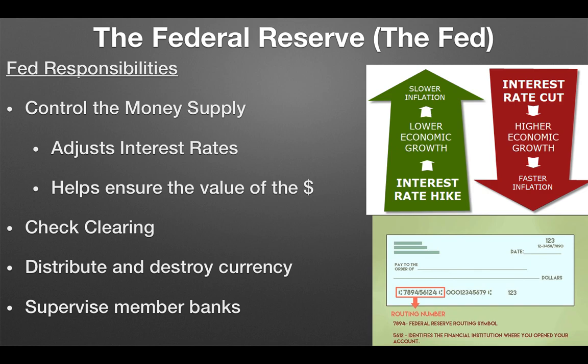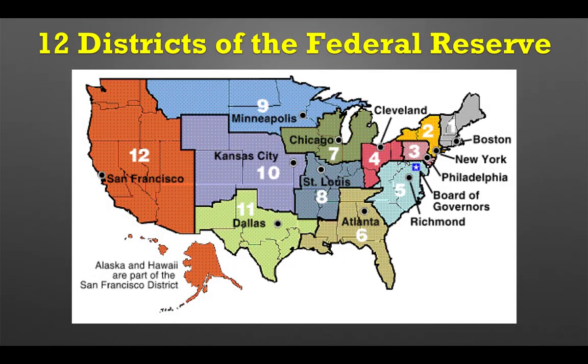And they supervise the member banks because they have different federal banks throughout the United States. As you can see right here, we have 12 districts of the Federal Reserve. The West Coast is probably the largest one territorially, with San Francisco being the head. And then one of the smallest ones might be Philadelphia, that represents just Jersey and Philly there.